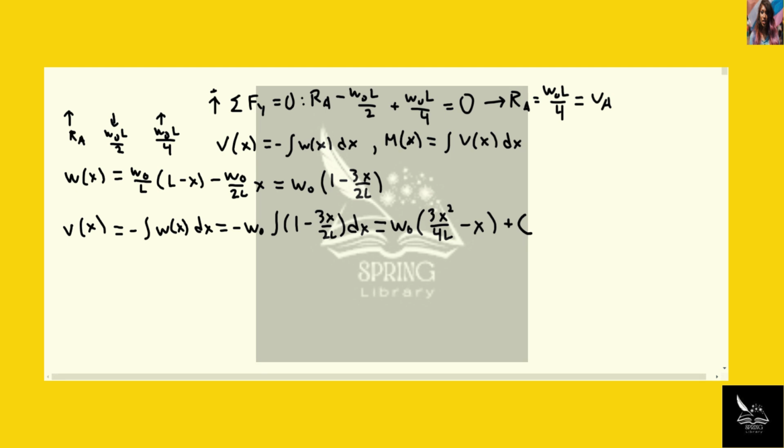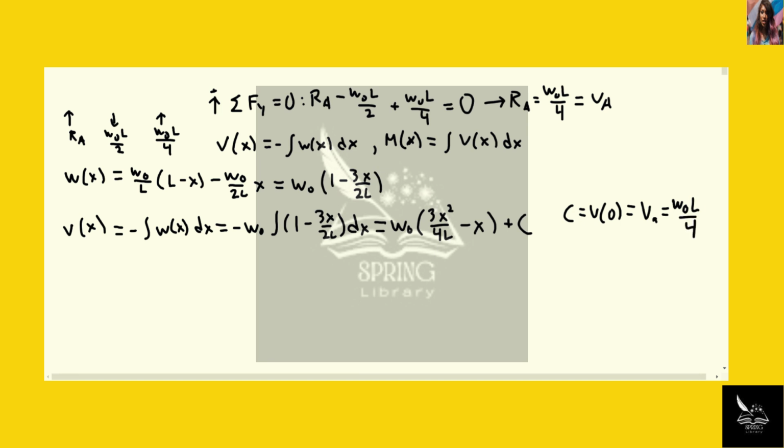And we know our C should be, according to VA, C equals V of 0 equals VA equals W0L over 4.